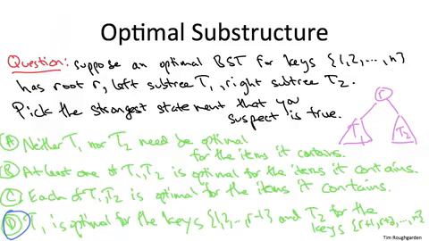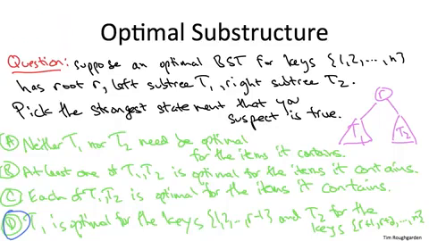So the root being R, by assumption, we know the objects 1 through R minus 1, well, they've got to be somewhere. The only place they can be is in the left subtree T1. So that's exactly the contents of T1. Similarly, the contents of T2 are precisely the objects R plus 1 through N. So the two subtrees are optimal, and we know exactly which keys they are. It's everything less than R on the left, everything bigger than R on the right.